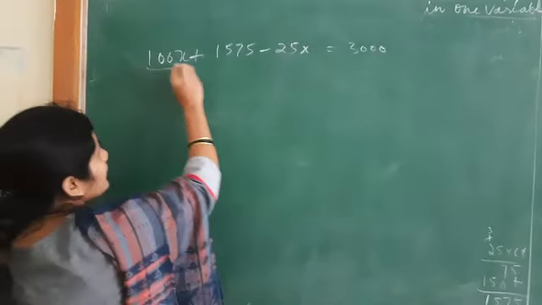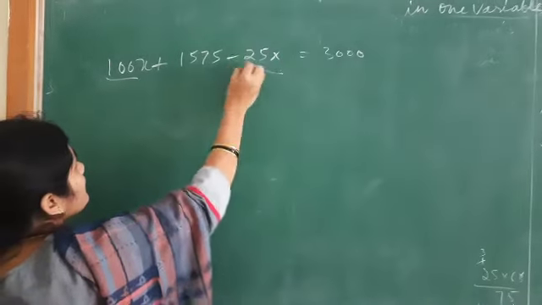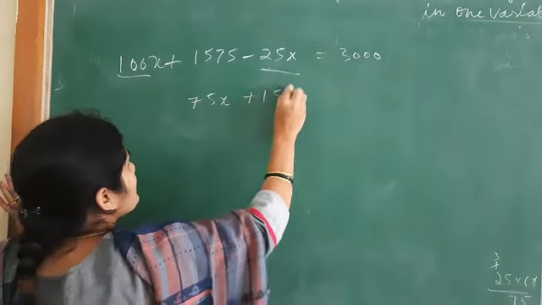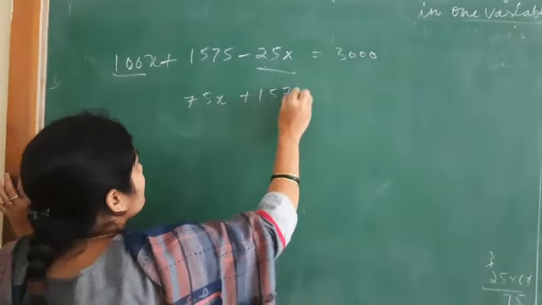Now like terms: 100 minus 25 is 75x, plus 1575 is equal to 3,000.